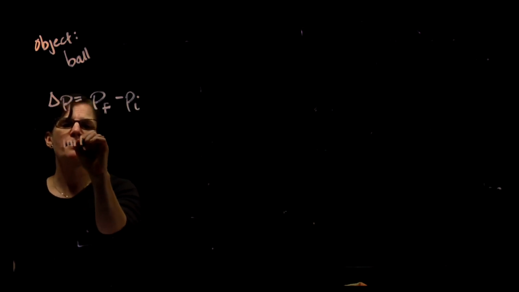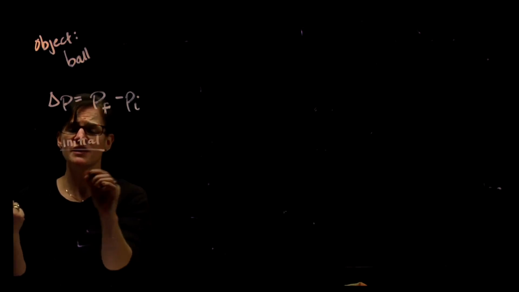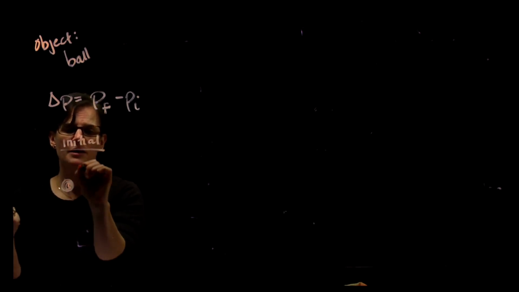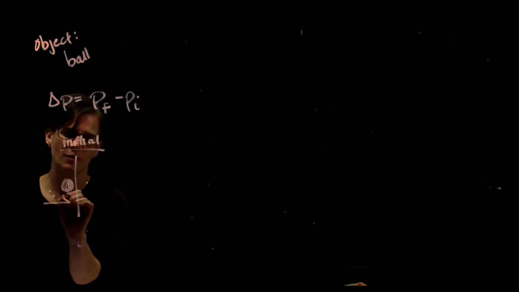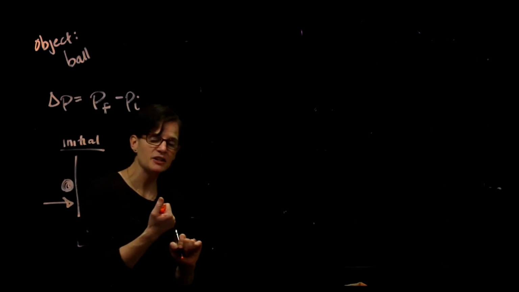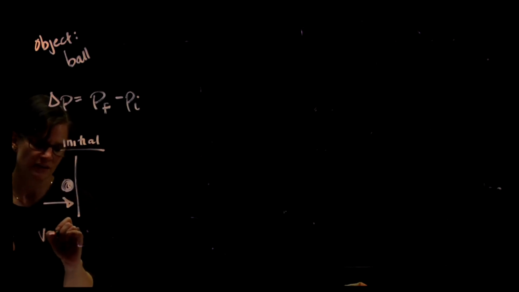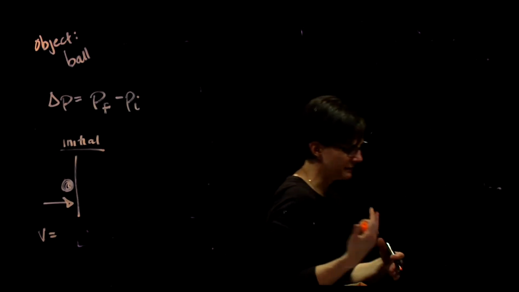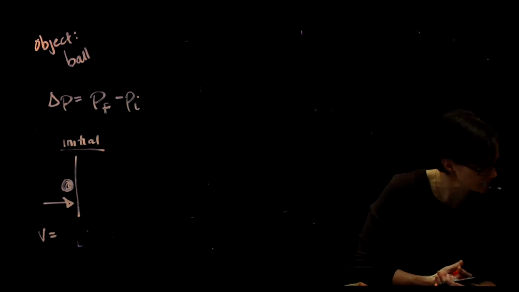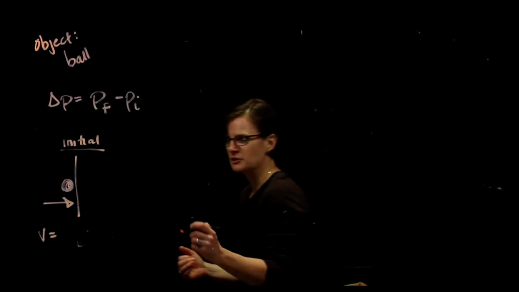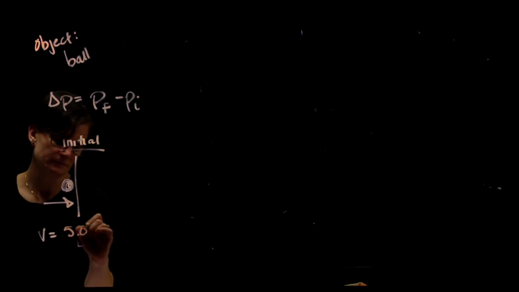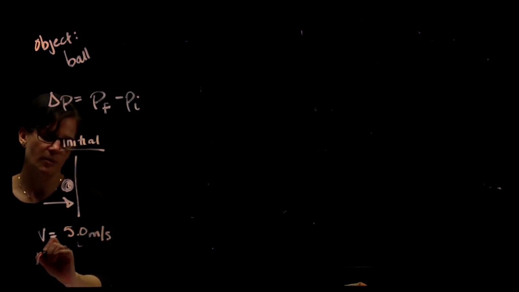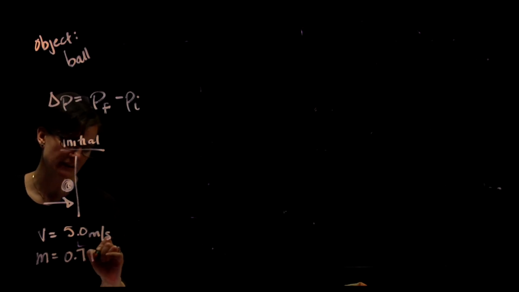So we might draw a picture of the initial. That's when the ball first makes contact with the wall. It's heading in that direction, and we know that the speed of the ball, the magnitude of the velocity, is 5 meters per second. The ball has a mass of 0.7 kilograms.